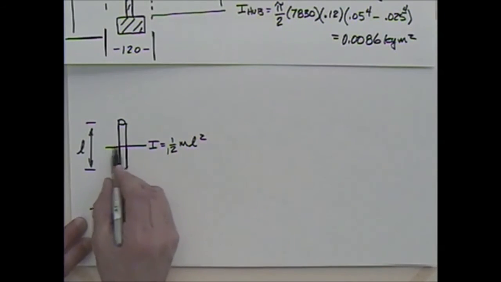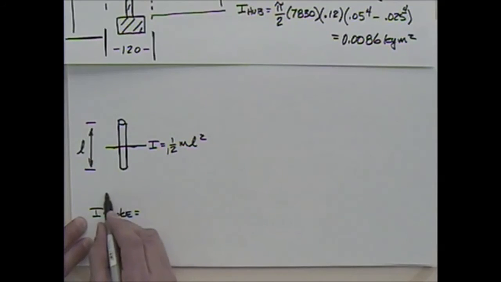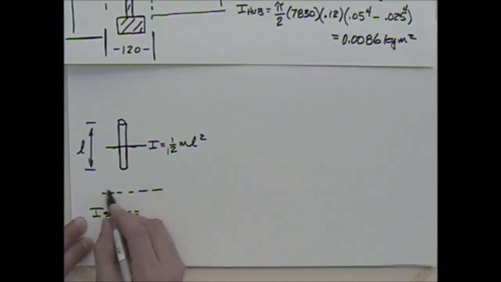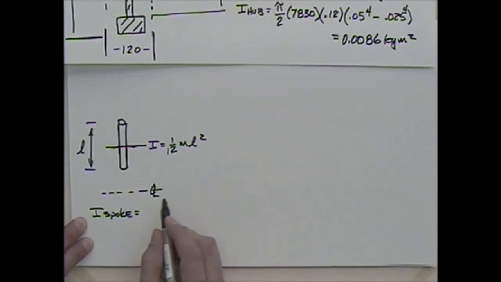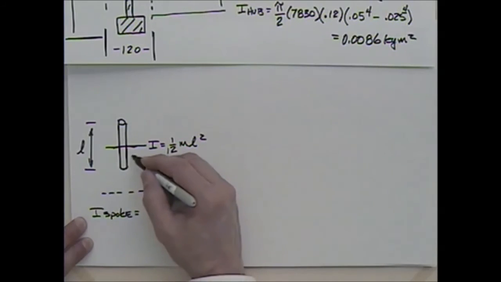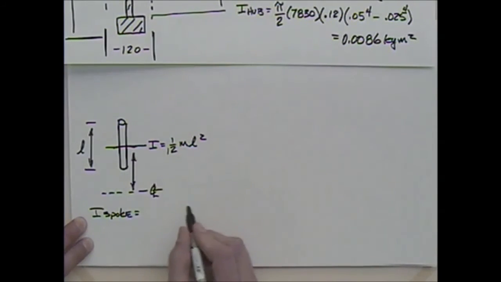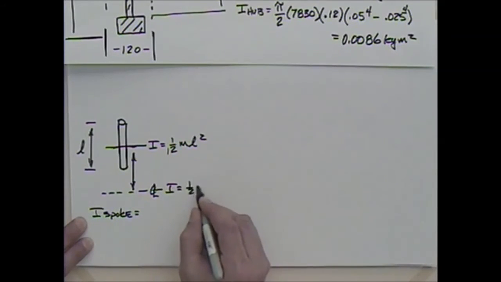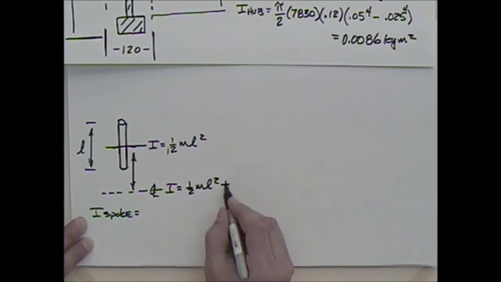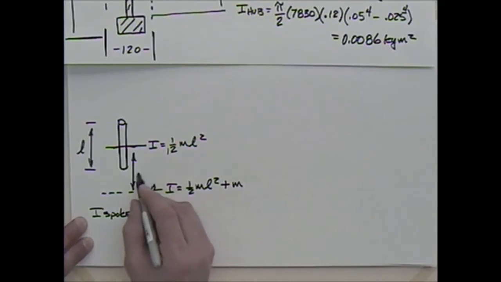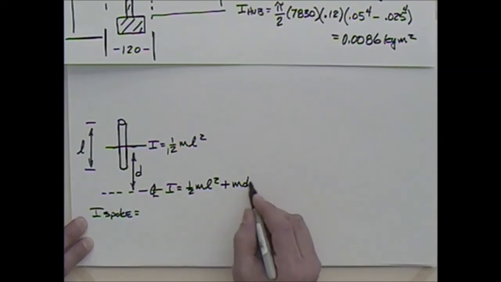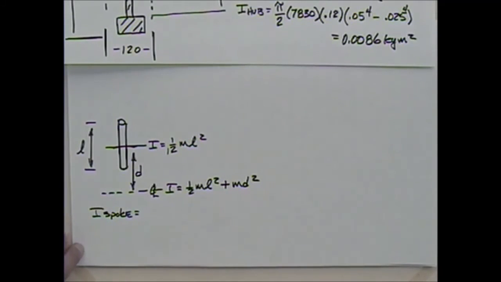But I don't want it about that axis, do I? I want it about this centroidal axis for the whole piece. This is the center line for the entire thing. So I'm going to have to shift this down. So I could say that I for one spoke about here was equal to 1/12 ml squared plus the mass times this distance d squared. Classic parallel axis theorem, right? Okay.